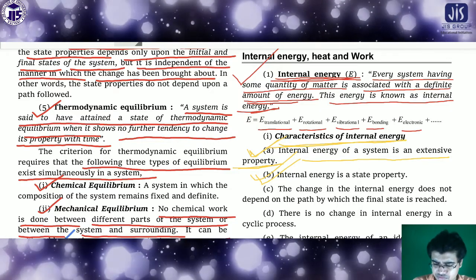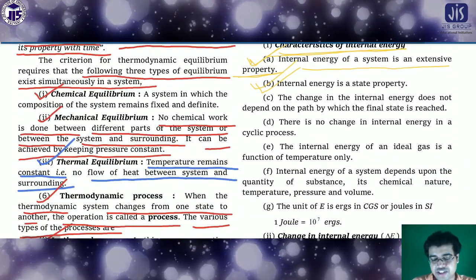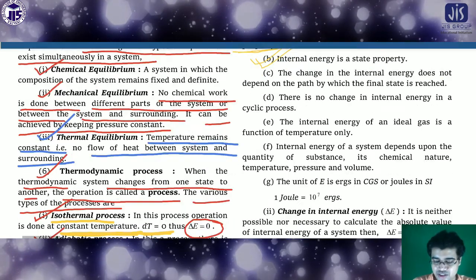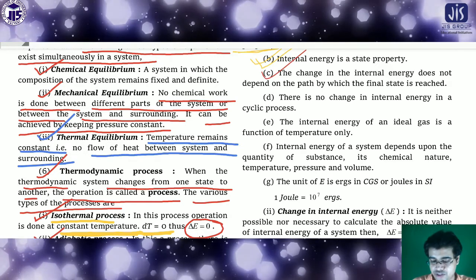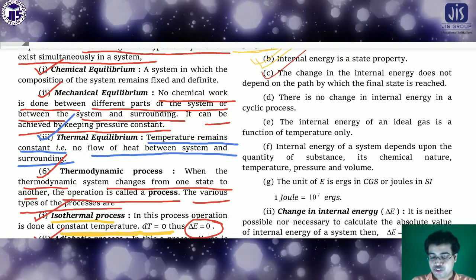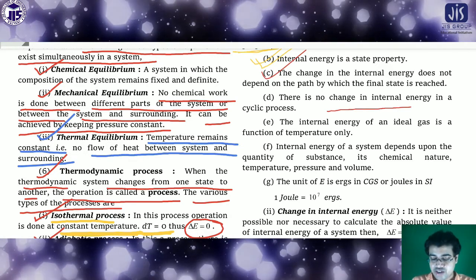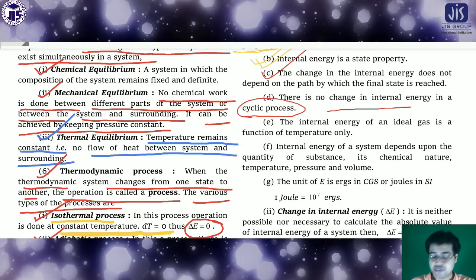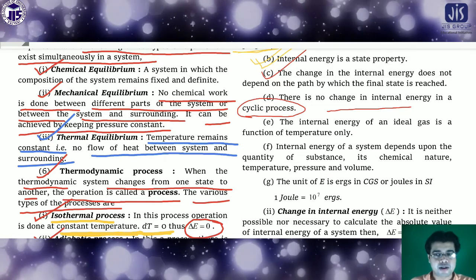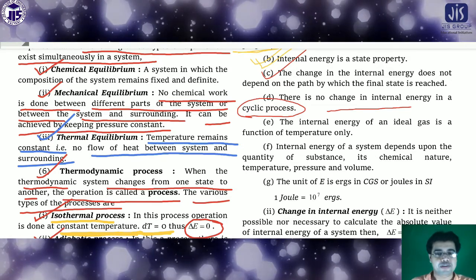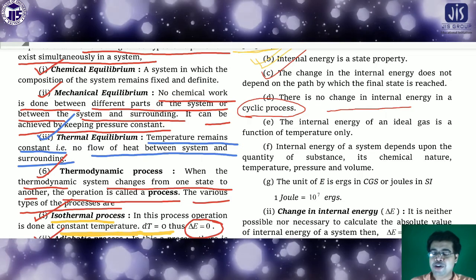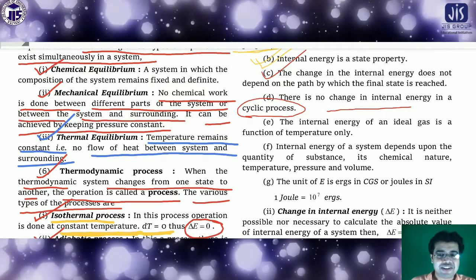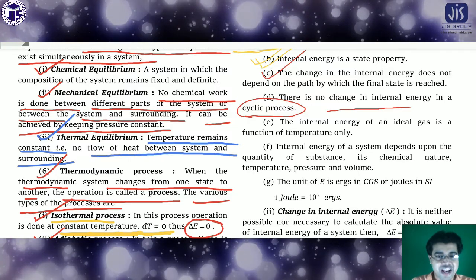Then, the change in the internal energy does not depend on the path. This is the case of a state function, as I already discussed, so there is no change of internal energy in a cyclic process. I discussed the cyclic process in the previous class. In a cyclic process, lots of changes occur, but ultimately the system comes back to the initial state. Initial state means its initial energy.